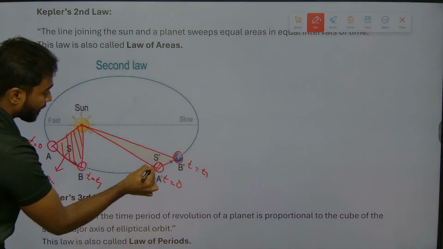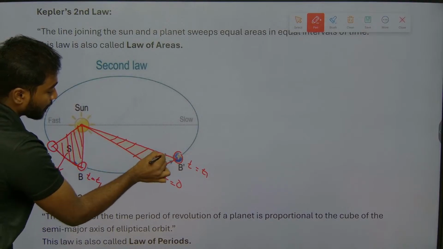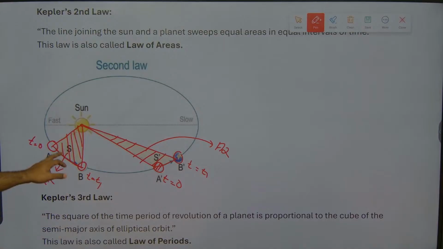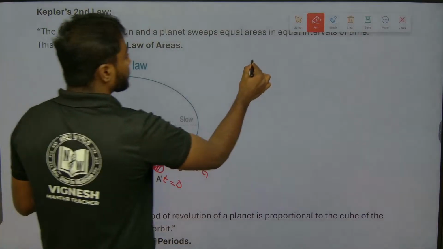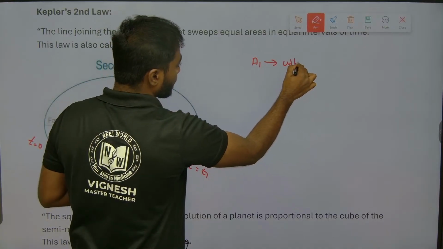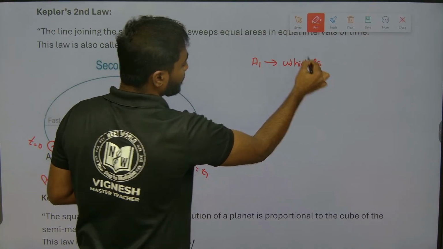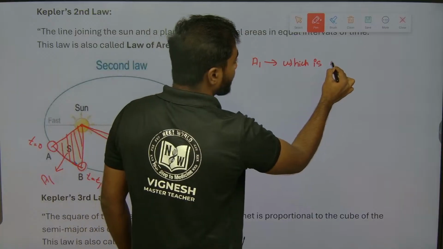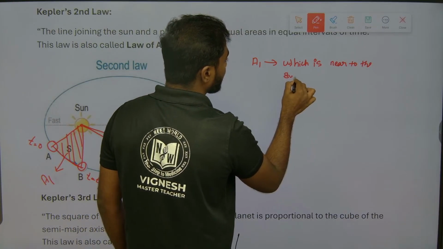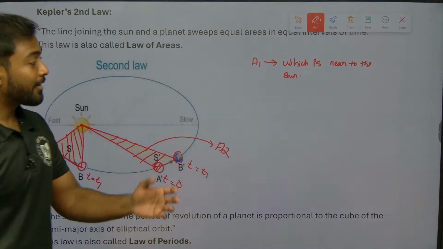Now if you take the same method, I will get the area. So this is my area 2. Area 1 is near to the sun, where the planet is near to the sun.